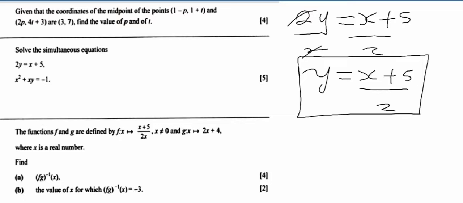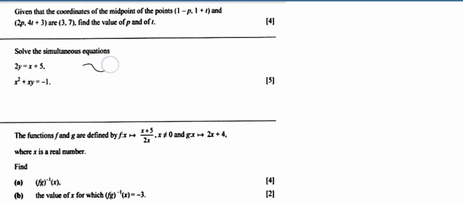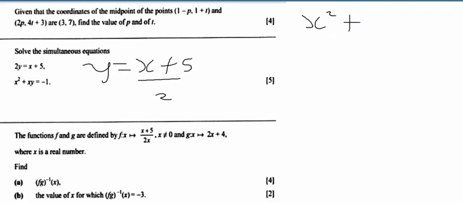What we are going to do in the next equation, which is this one here, is plug this in where we have y. So the subject of the formula for y is y being equal to x plus 5 divided by 2. So in the next equation, we have x to the power 2 plus x, then we also have y. So we say open bracket, and then we put x plus 5 divided by 2, close bracket, is equal to negative 1.